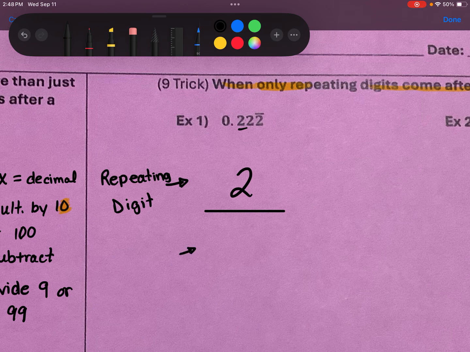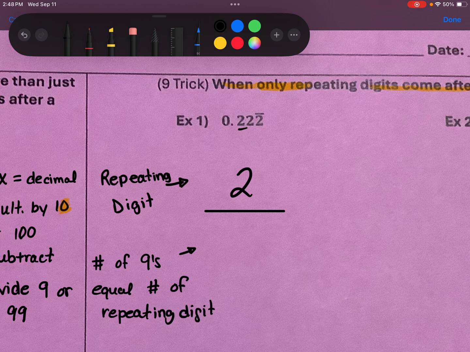My denominator is going to be 9s, and the number of 9s is equal to the number of repeating digits. I have one repeating digit, so I'm going to write one 9 in the denominator. This fraction, 2 ninths, cannot be simplified, so 0.2 repeating is the same as 2/9.